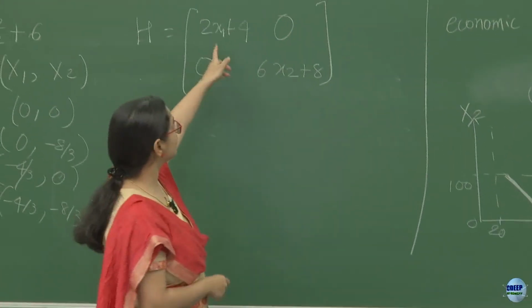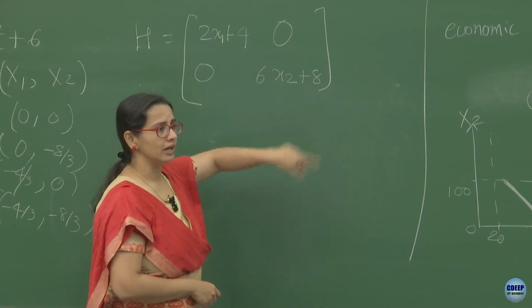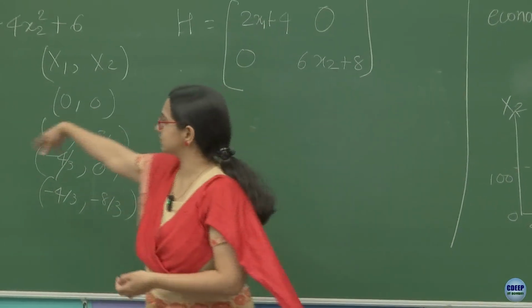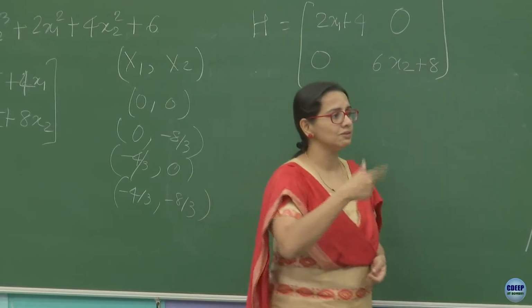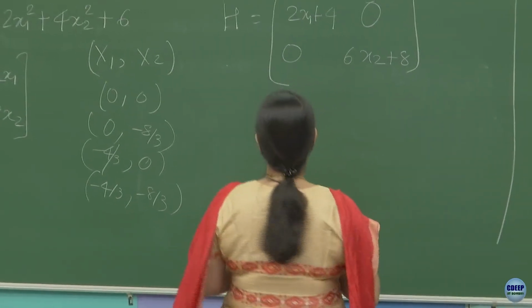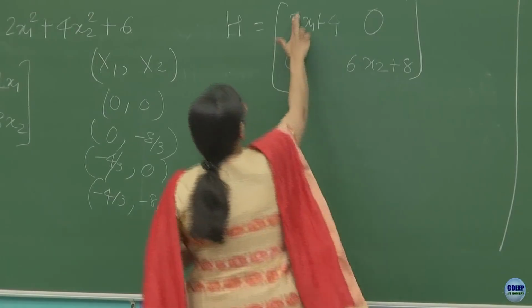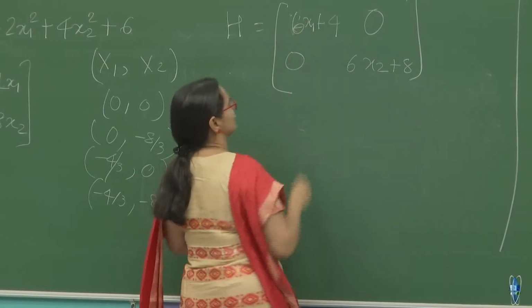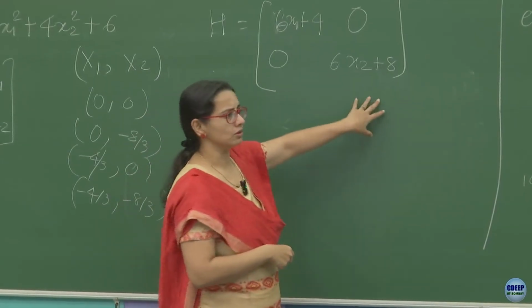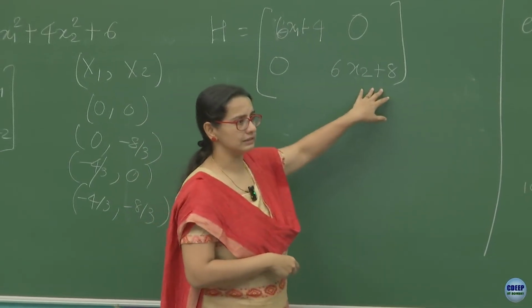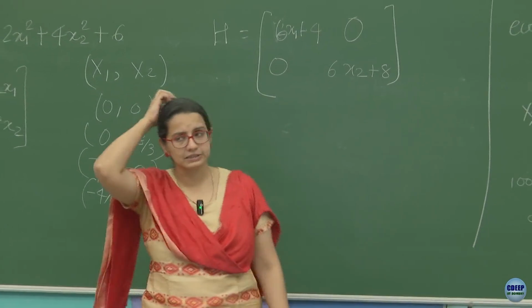So you plug in x1, x2 now, and look at the eigenvalues. Did I make a mistake? Sorry, I'm so sorry. 6x1 plus 4. So when x1 is 0, you have 4 and 8, correct? What does that make this?